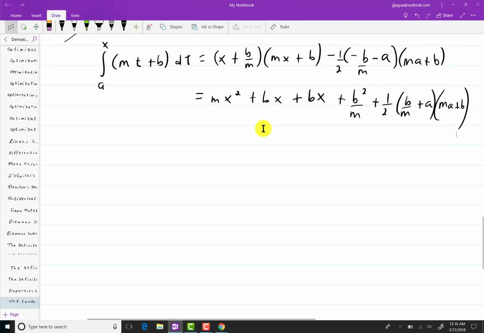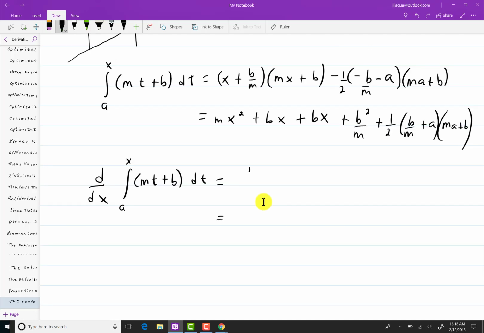Now notice what happens when I take the derivative of it with respect to x. That t should match the variable inside of the integral. So it's d over dx.